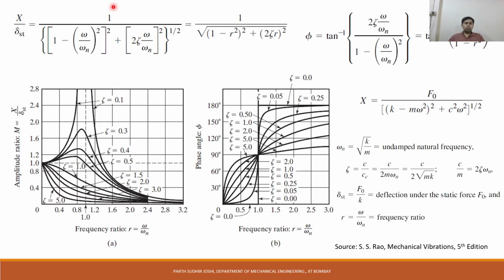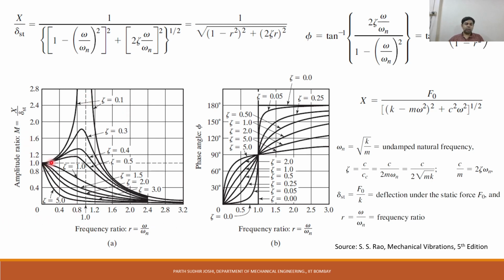Now if we do the same exercise for damped systems, then we can derive the expression for the variation of the steady state amplitude of the system X with respect to the frequency ratio r and zeta, which is basically the damping ratio. So we get an expression of this form, and the plot of this amplitude ratio with respect to frequency ratio is shown over here.